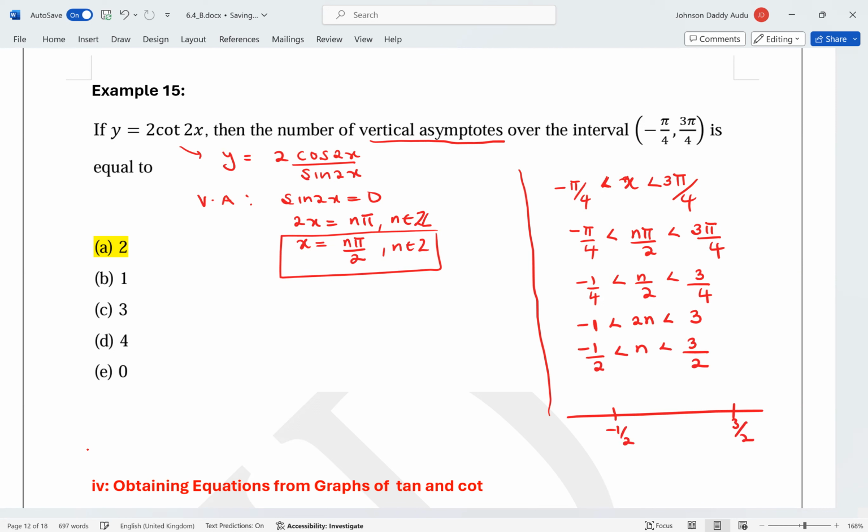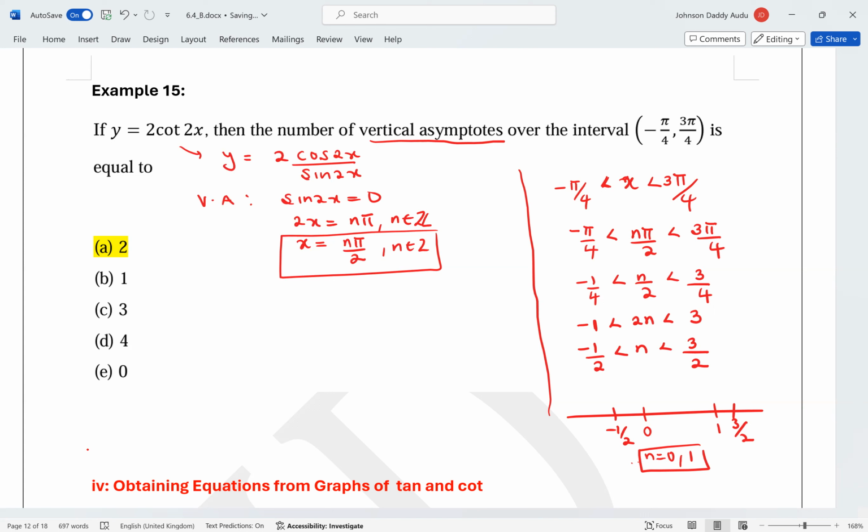If this is minus half, we have 0 somewhere here, and if this is 3 over 2, we have 1 here. So n can only be 0 and 1. These are the only two integers that we can find between minus half and 3 over 2.